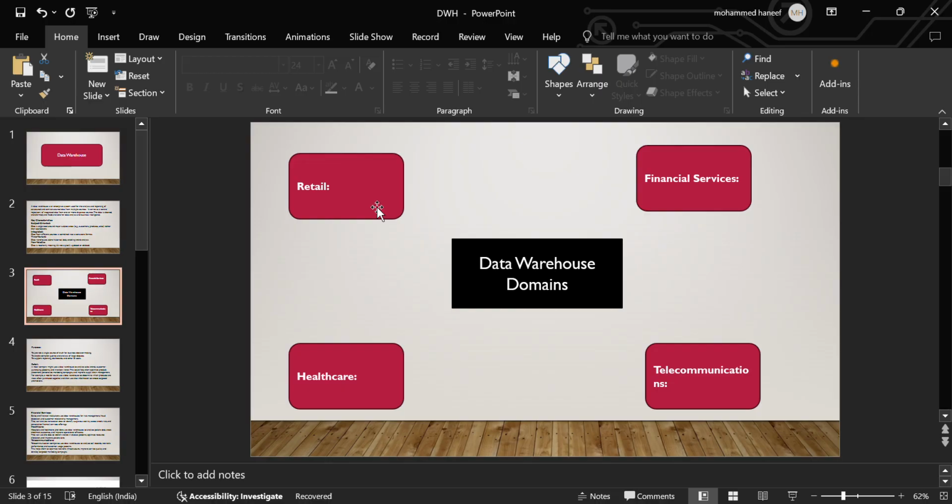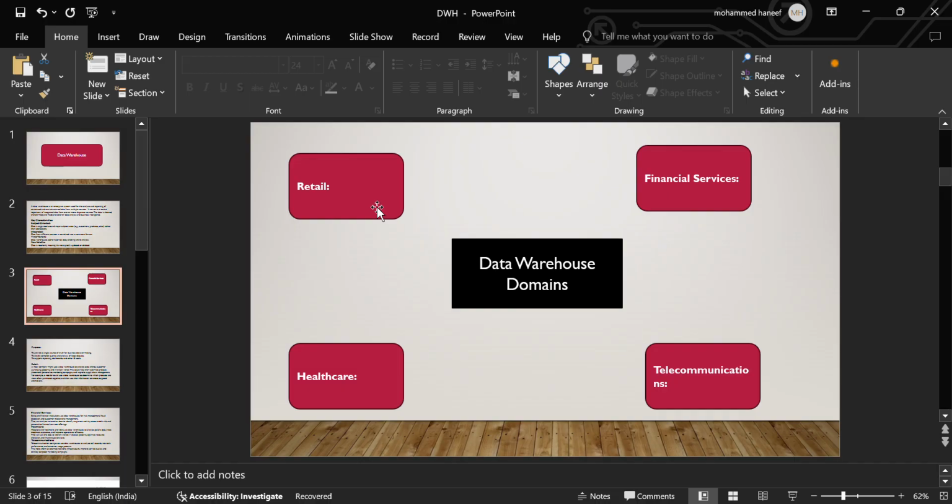And retail, you know already, means manufacturing the products and selling them to wholesalers, retailers, and final customers who purchase the products. Those projects come under retail.